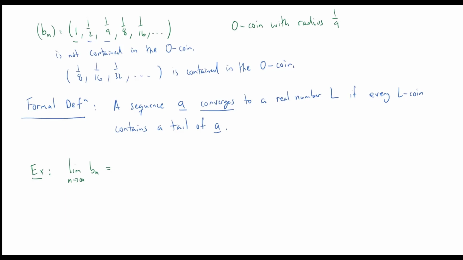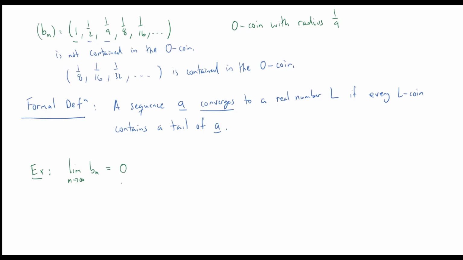Brian in the chat says this is somewhat similar to the epsilon delta definition of a limit. That's right. I'm really hiding a lot of the technicalities of that. What did we think was the limit of this sequence up here? 0. We thought it was 0.